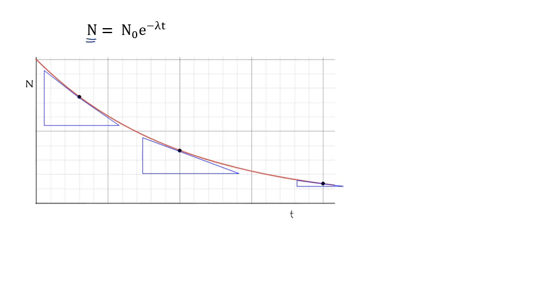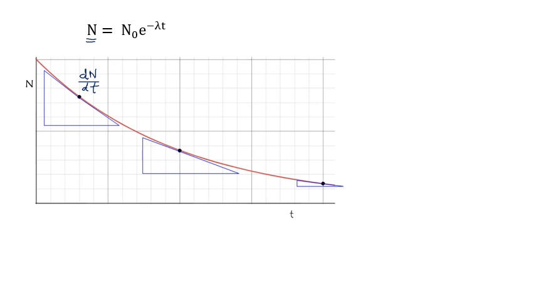And if we get the gradient of the graph at different points in time, the gradient of the graph is dN/dt, isn't it? The slope. So at a particular point in time, we get the slope of the graph, dN/dt.